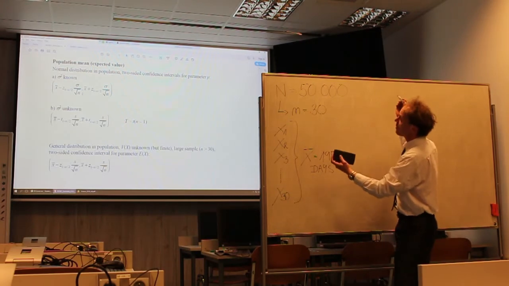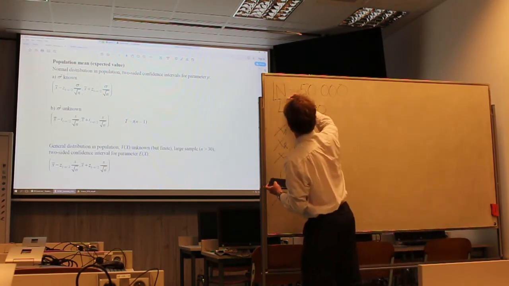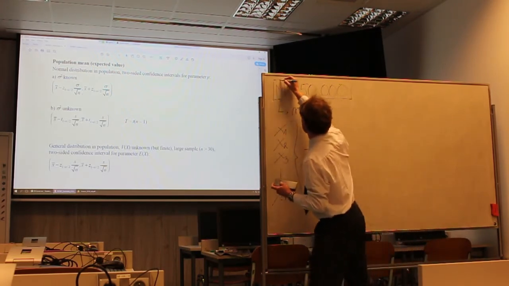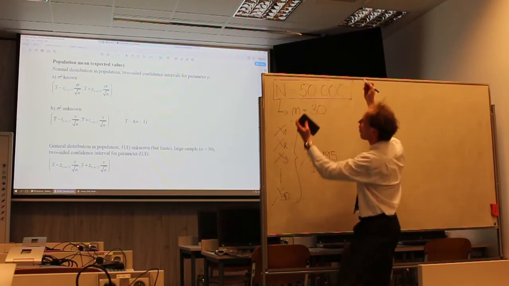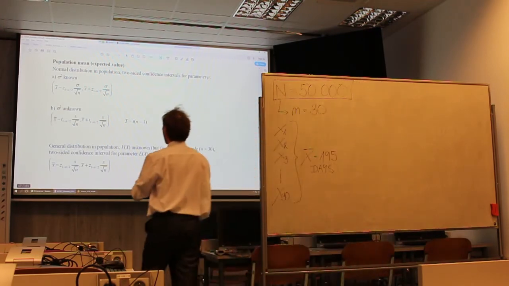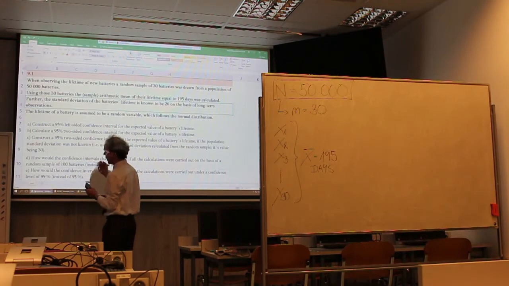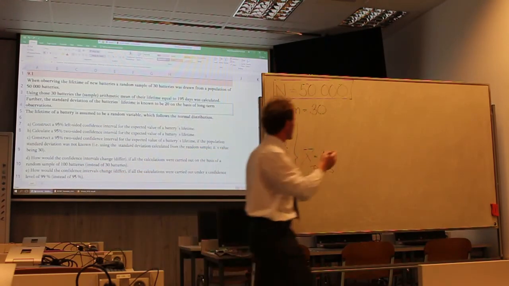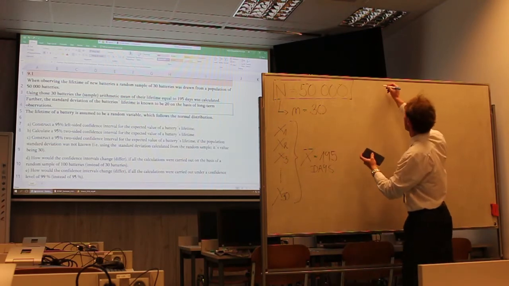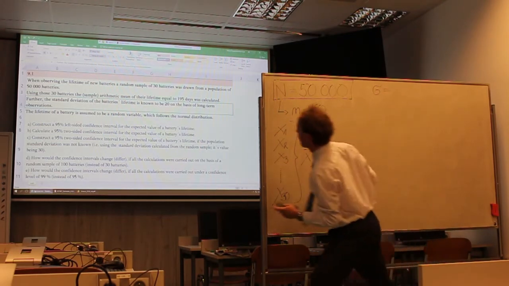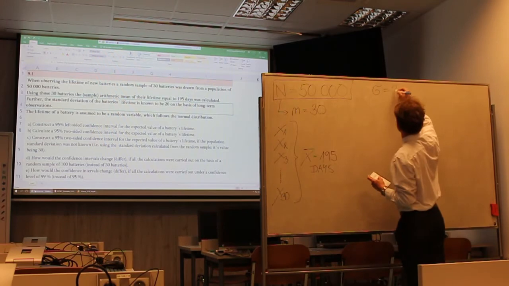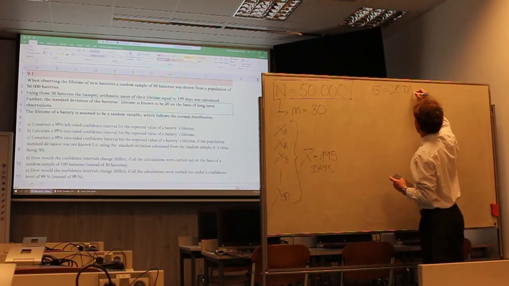So this sigma, this standard deviation, is connected with the population. So sigma is known. Sigma squared is also known. Sigma is equal to 20 days.